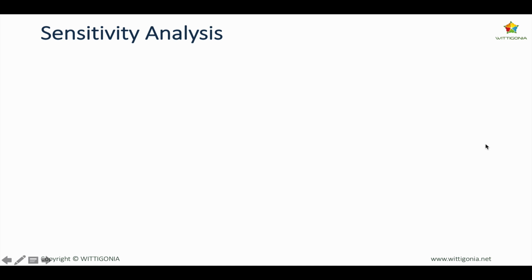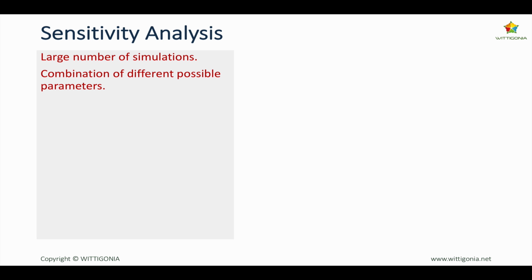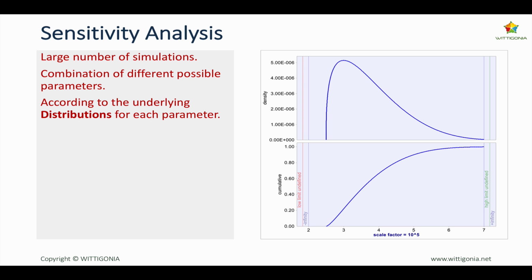Okay. So when we do a sensitivity analysis, we run a large number of simulations, testing different combinations of possible values of these parameters within the given ranges. But we are also using the underlying statistical distribution for each parameter.